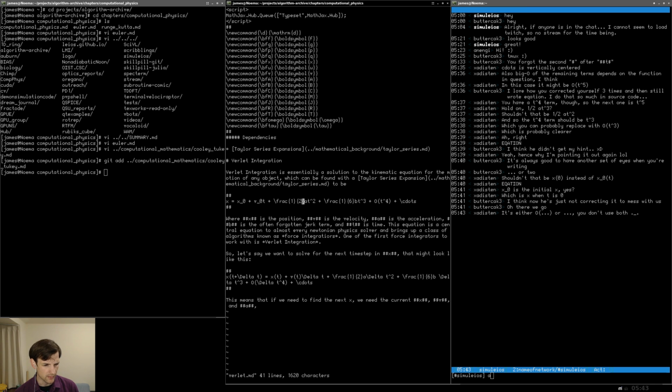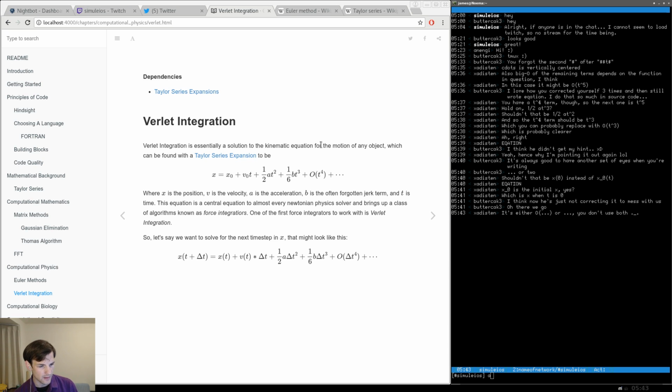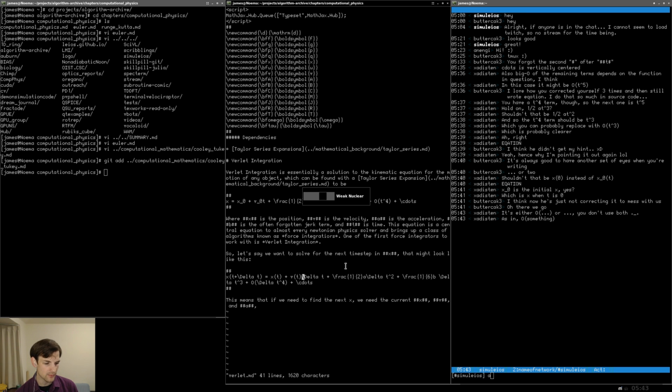I wanted to use both here, because again, what's going to happen is we're going to cancel this term and that term out in just a second. So after we cancel those terms out, it's going to be obvious why I have it in there. Well, let me just do it, and then we'll see in just a second. A, and then I guess we're just going to do etc.